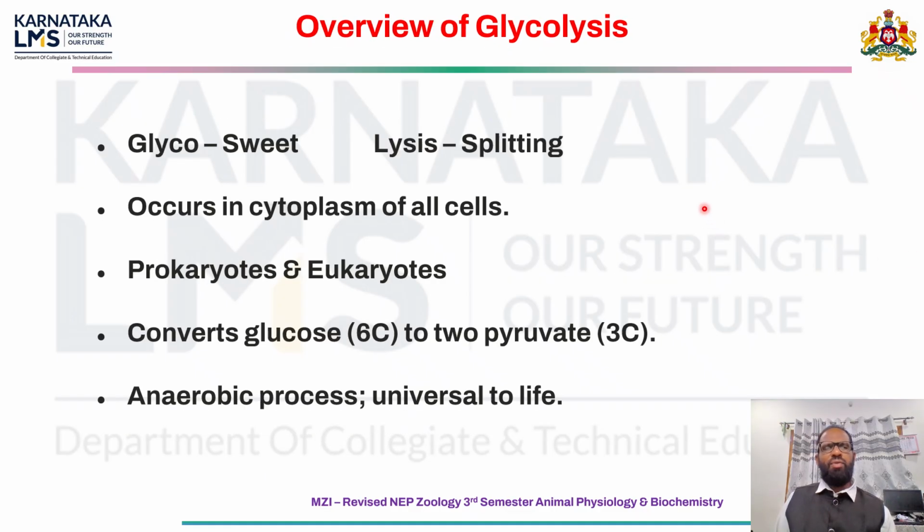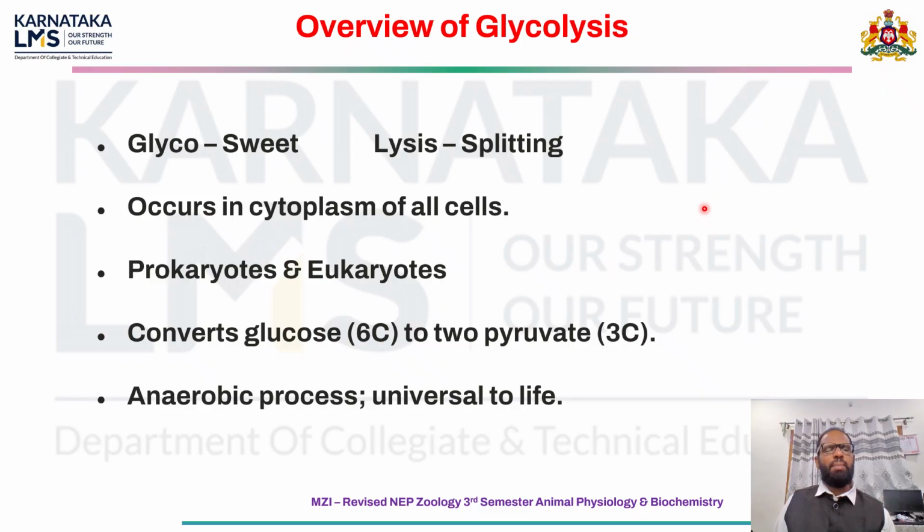Now let's discuss some more information about the glycolytic pathway. This pathway takes place in the cytoplasm. Sometimes in your examination or viva, the examiner may ask where exactly this pathway takes place, in the cytoplasm or in the mitochondria.